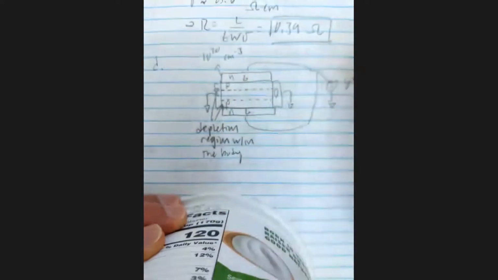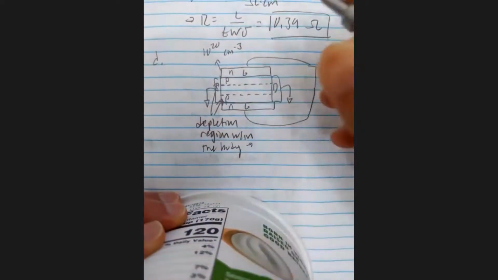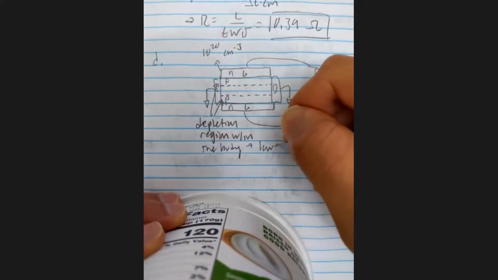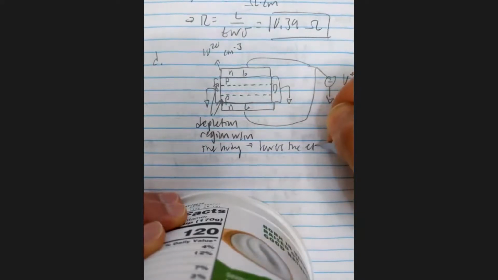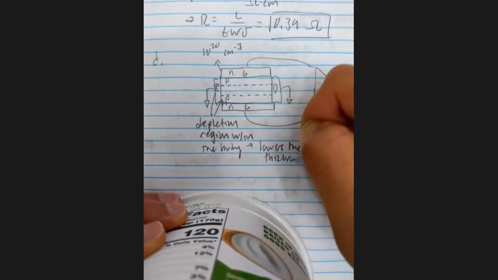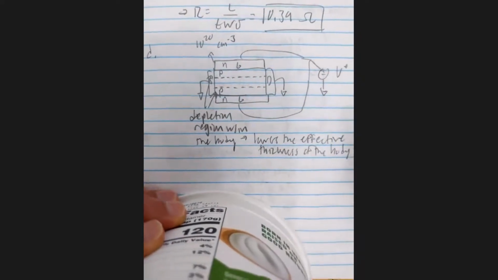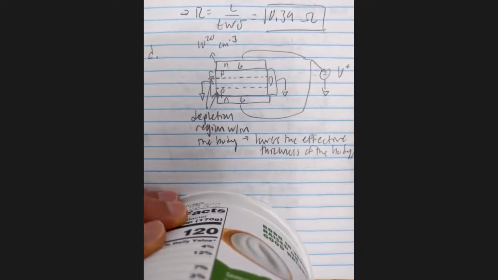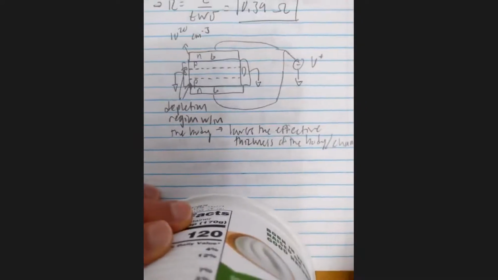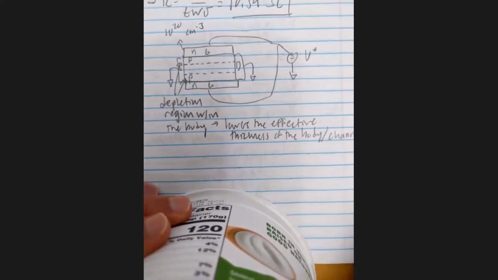This lowers the effective thickness of the body / channel. We'll call it the channel now because it's conducting charge. It'll lower the effective thickness of the body.